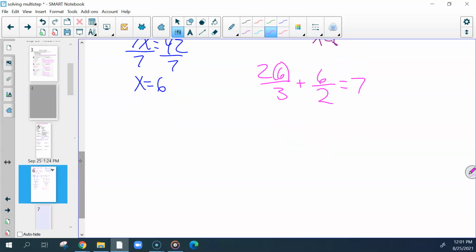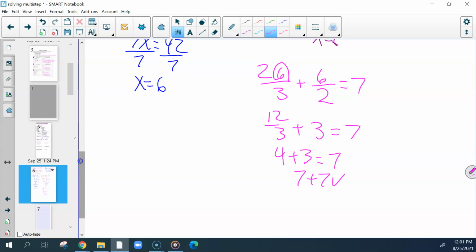So putting 6 wherever the x was, I get 12 over 3 plus 6 over 2, which is 3. 12 divided by 3 is 4, and 4 plus 3 is 7. So that works.